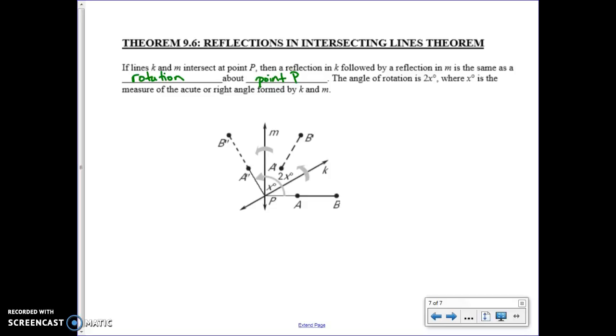So the angle of rotation is 2x degrees if x is the measure of the angle formed between the 2 lines that we've reflected over. So just a couple theorems for you to know.